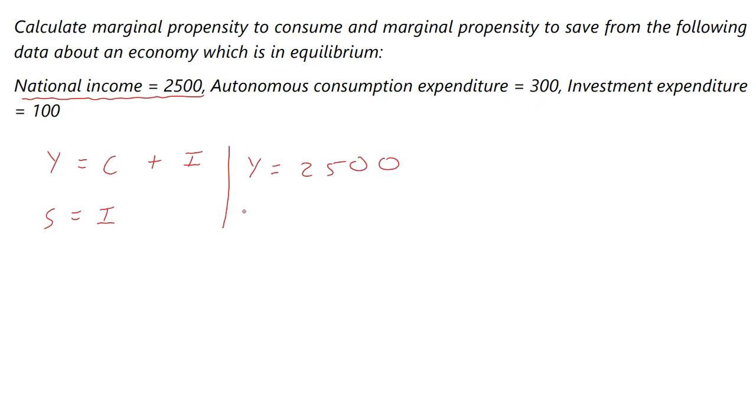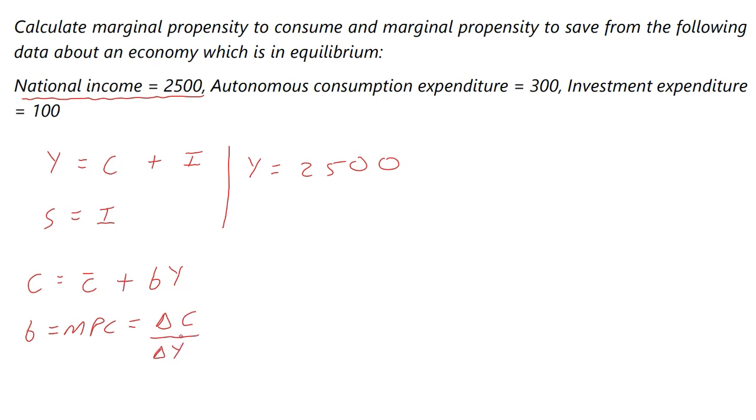Now you need to keep in mind that we have a formula where consumption expenditure is equal to autonomous consumption expenditure plus B of Y. And this B that we talk about is basically the slope, and in our case, it is the MPC. MPC itself has a formula: MPC is equal to change in consumption upon change in income.